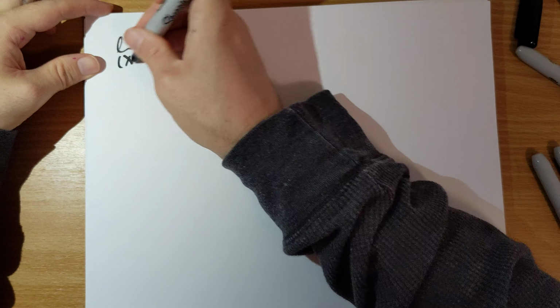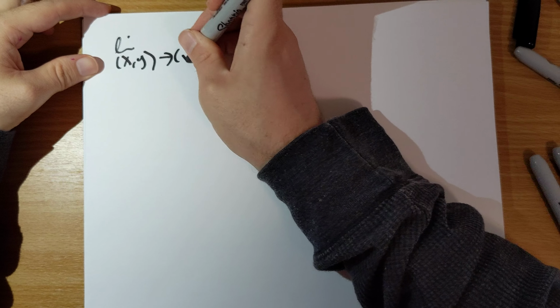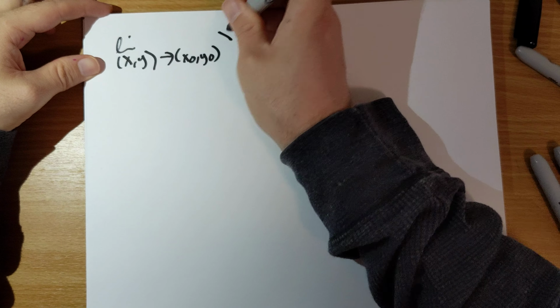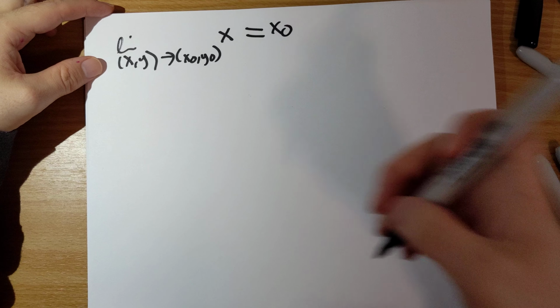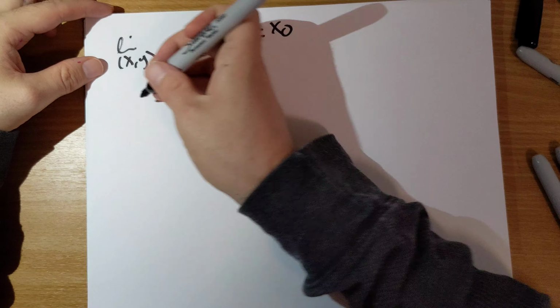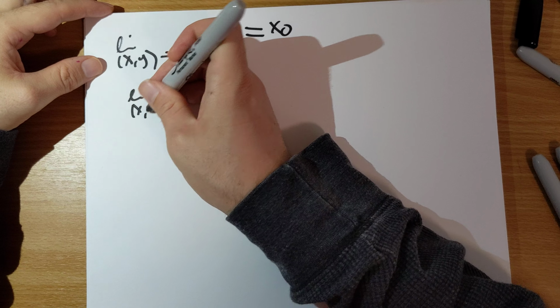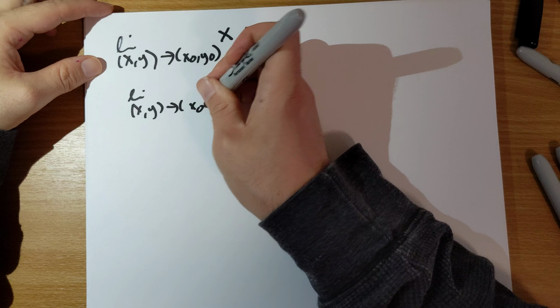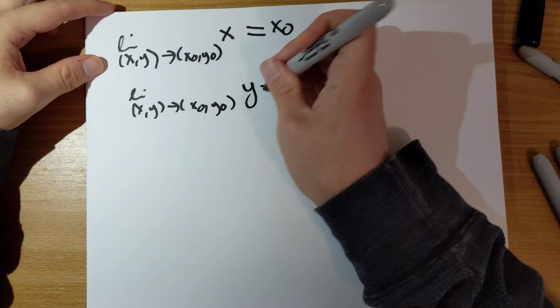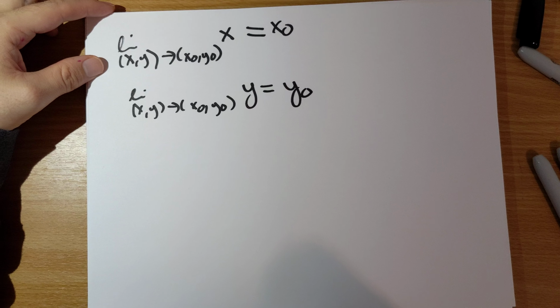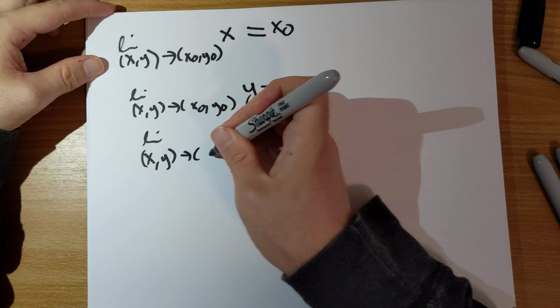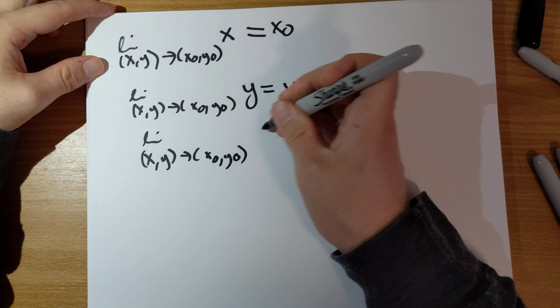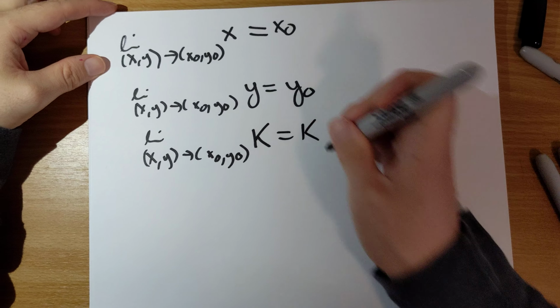For example, the limit as x y goes to x naught y naught of x is just equal to x naught. We can just do this by substitution. The limit as x y goes to x naught y naught of y is going to be y naught. The limit as x y goes to x naught y naught of a constant k is just going to be k.